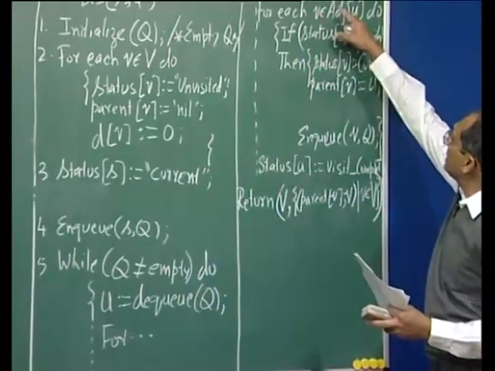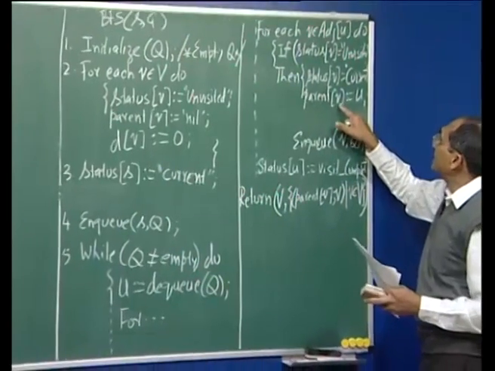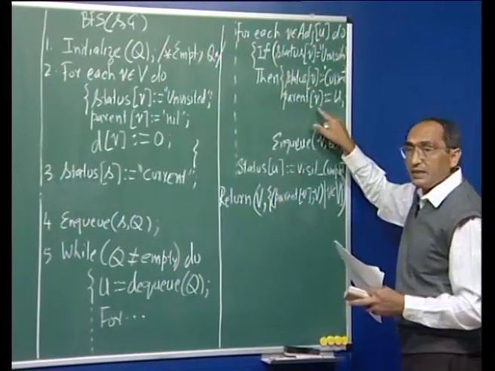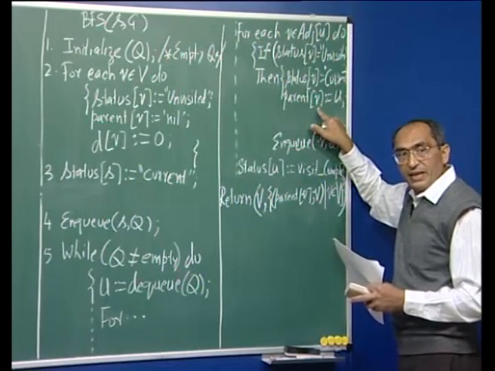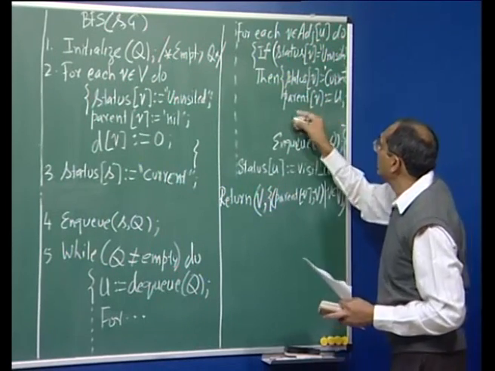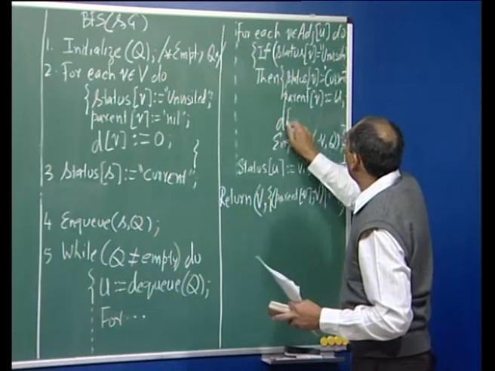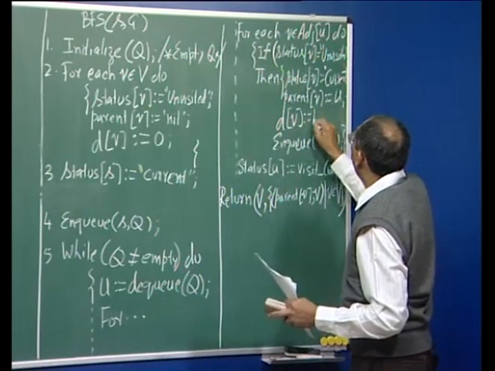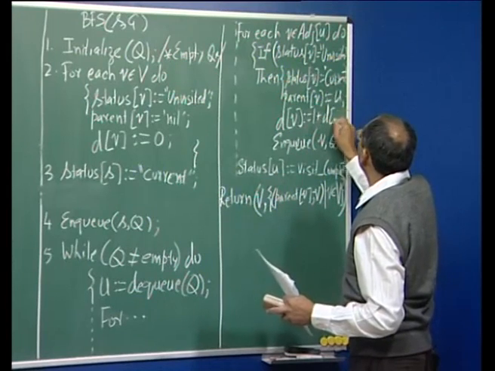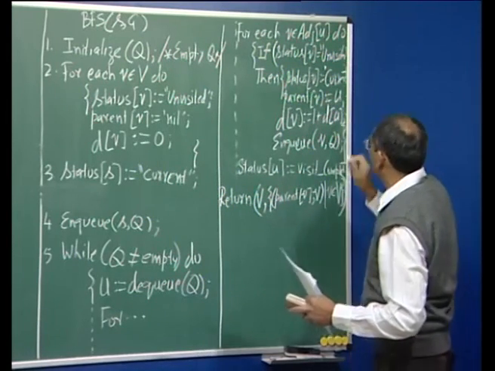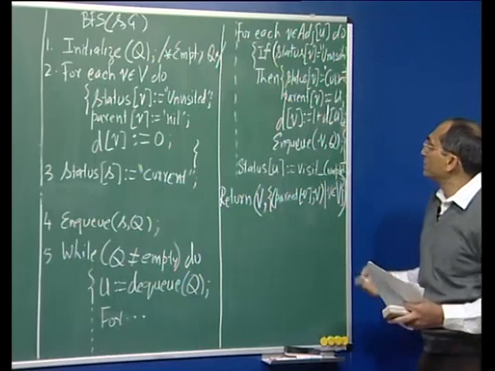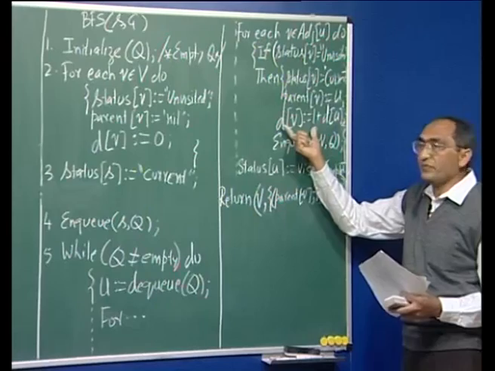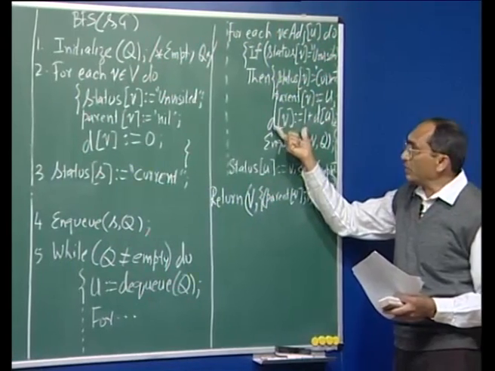But what we notice here is that as we discover a new vertex v from vertex u, we are discovering a vertex of the next wavefront. Hence, we will set d of v as 1 plus d of u. So what you learn here is that d of v is nothing but the wavefront to which the vertex belongs.